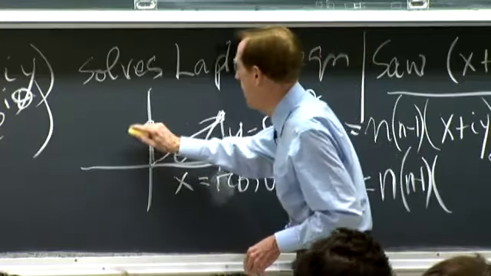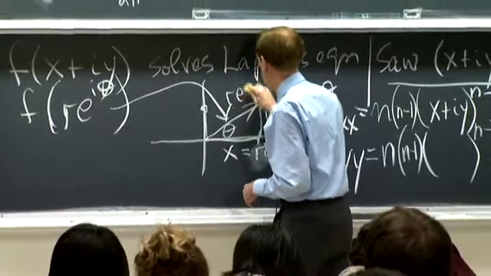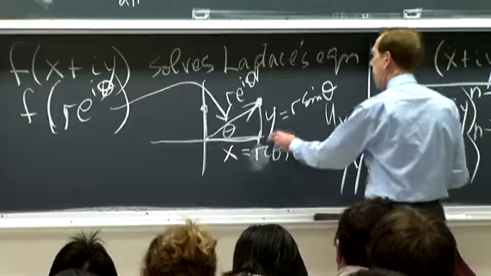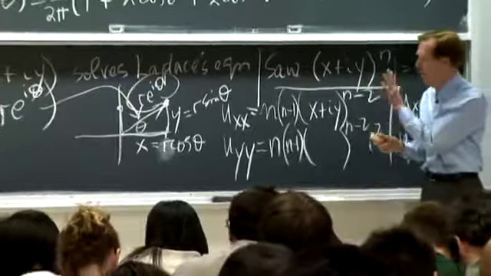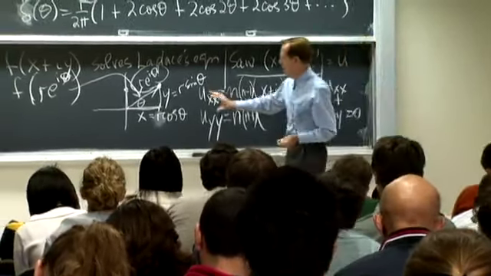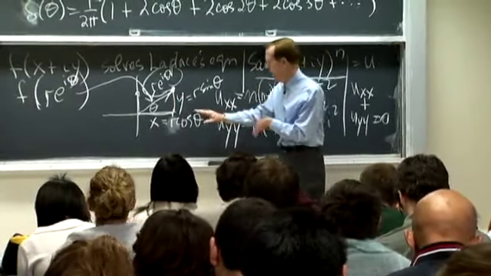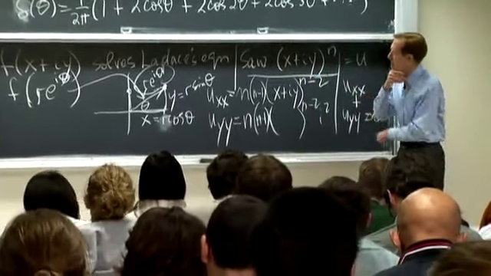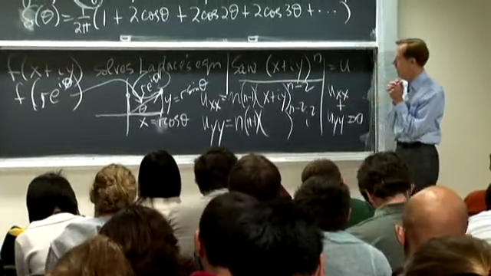And this guy is r e to the i theta. r cos theta plus i r sine theta is the same as r e to the i theta. That's utterly fundamental. Everybody's responsible for that picture of putting the complex numbers into their beautiful polar form. That's what made our r to the n cos n theta all so simple.